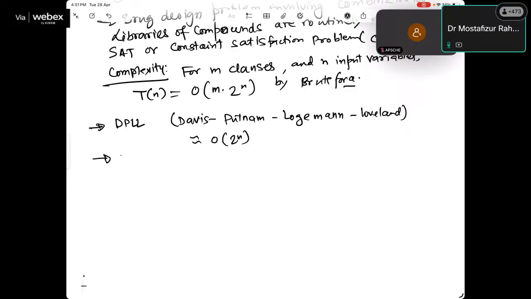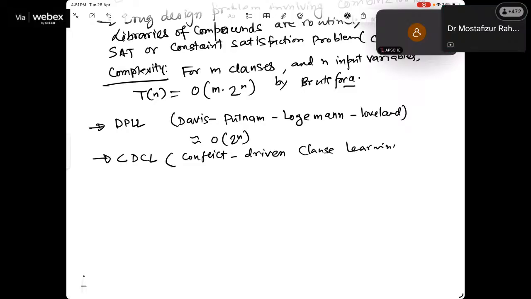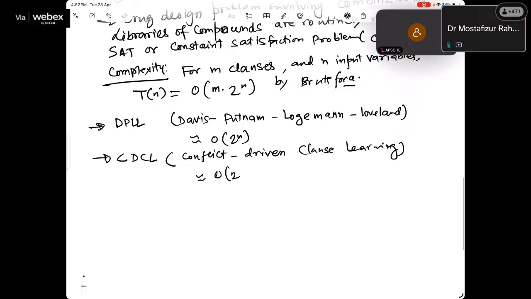There is another algorithm called the CDCL algorithm, which stands for conflict driven clause learning. It is also order of 2 to the power n.